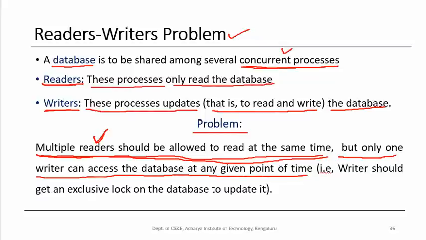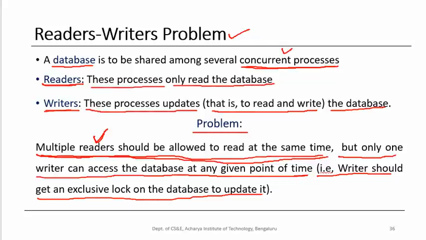Okay, if some reader is reading before the writer tries to access the database, the writer is made to wait. Or if a writer is trying to write to the database, then all the readers are made to wait, and all the writers are also made to wait.